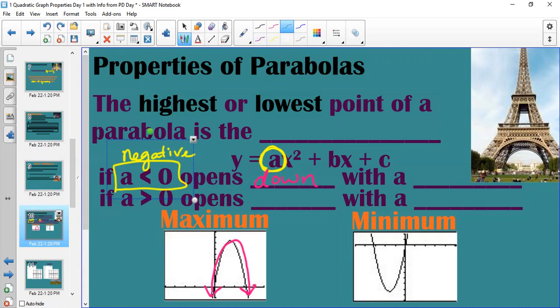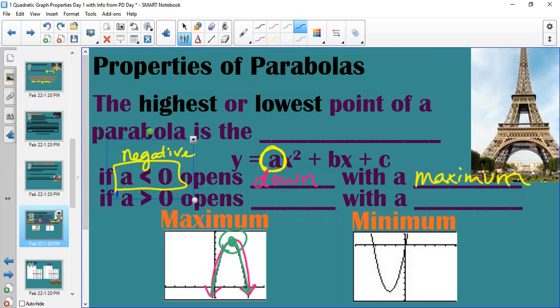What I mean by turning point is if I go from left to right, this graph is going up, up, up, and it starts right here to go down, down, down. This turning point is either going to be a max or a min, depending on if it's the highest point or the lowest point. Well, this turning point was the highest point. So that turning point is the maximum. So anytime it is going to open down, it will always have a maximum.